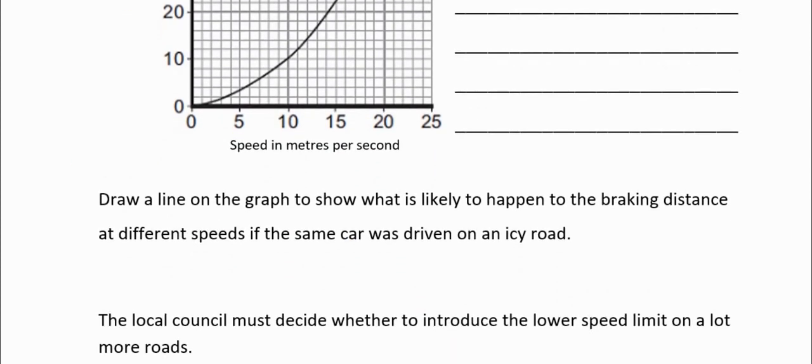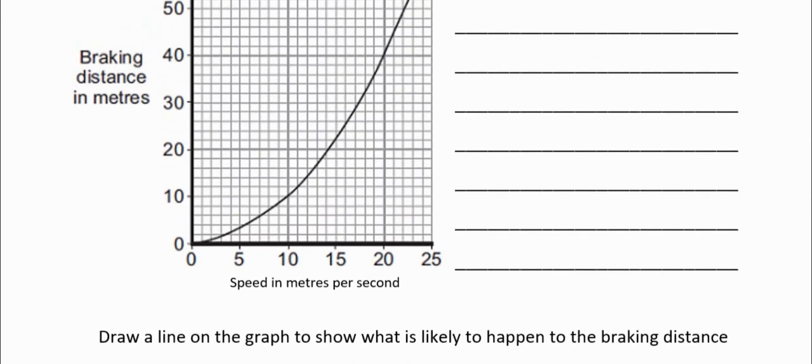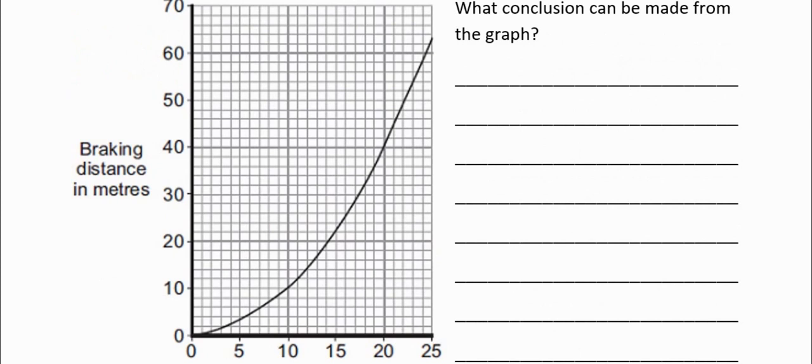Draw a line showing what would happen to the braking distance at different speeds if the same car was driven on an icy road. So how would this be different on an icy road? Well, we know it has to start at zero. If you're not moving on an icy road, you don't need to brake. But we do need to think, how quickly would it increase? An icy road will always have less friction than a normal road, so that means that your braking distance is going to be higher at all speeds.